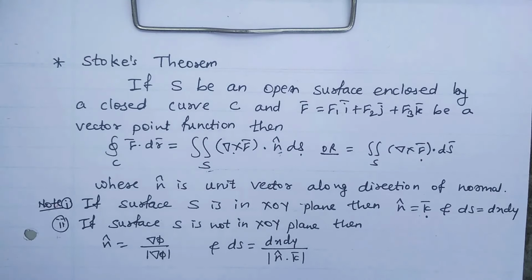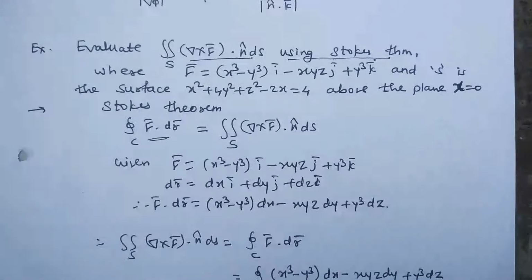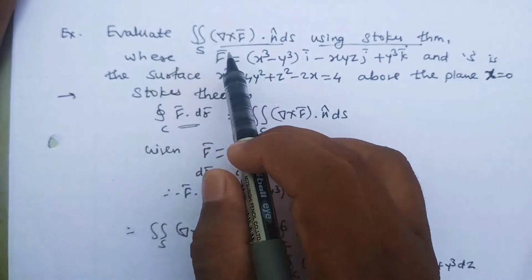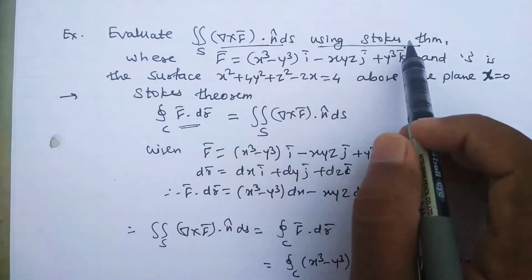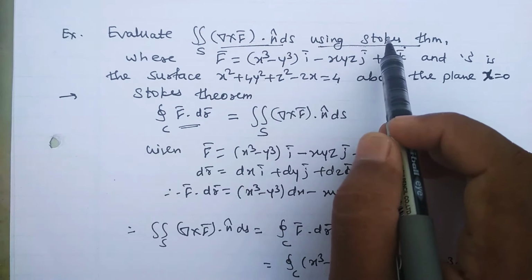Now examples on this Stokes theorem. First example: evaluate the double integration over S of del cross f bar dot n cap ds using Stokes theorem. This phrase, using Stokes theorem, is very important.